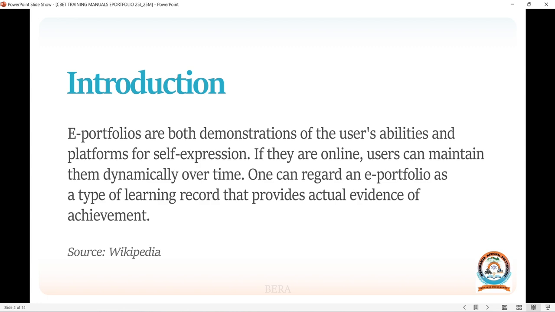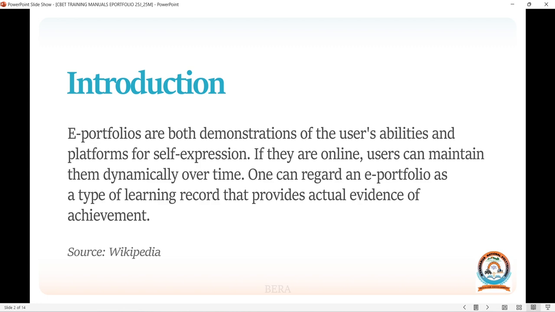So in this session, I will take you through what you are supposed to understand with the electronic files, and we normally call it e-portfolio. So we are going to build it, it's going to be an online file whereby you are going to build and update them accordingly. It's very simple, don't worry about the complexity of it. I will take you through it and I will guide you accordingly.